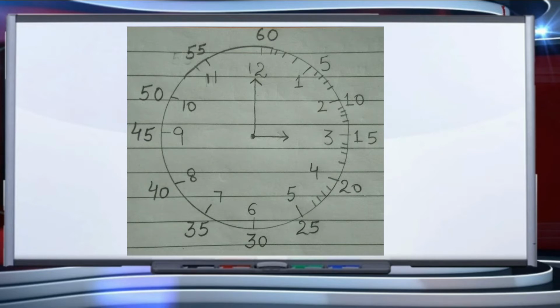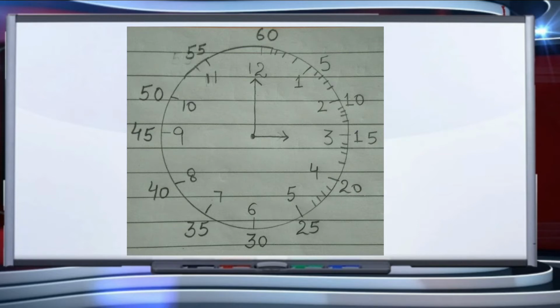In a clock, we are having numbers from 1 to 12, and in between 1 and 2 we are having 5 small divisions.